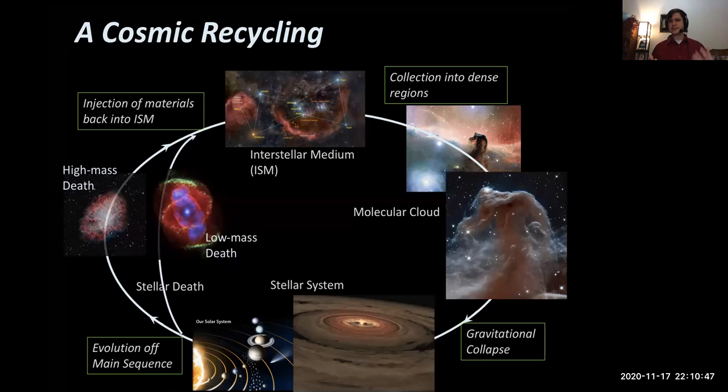So what is actually happening? And notice that this is a recycling. It has no beginning or end, really. So let's just pick to start by forming new stars. What are we forming new stars out of? We're forming new stars out of the interstellar medium.